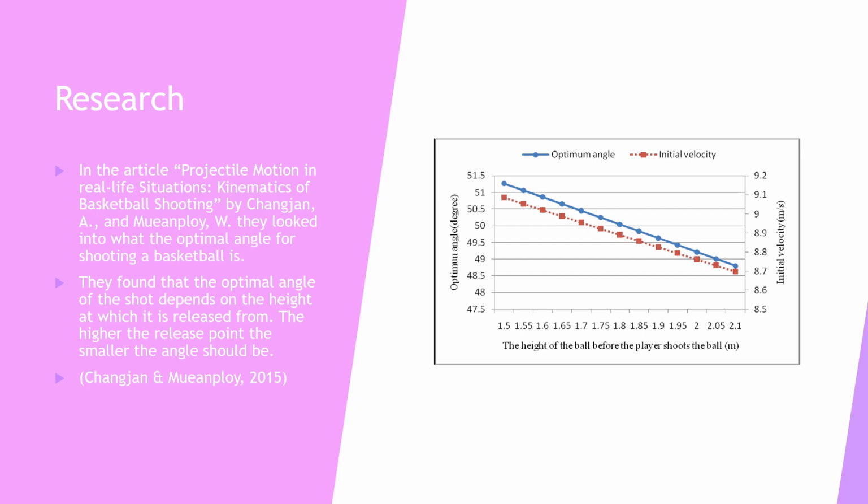The higher the release point, the smaller the angle should be. They compared it to the typical 45-degree angle that is most commonly used when using projectile motion. Whether the ball is higher in the air or the athlete is taller, it should be a smaller angle than if the athlete is shorter or holds the ball lower down.